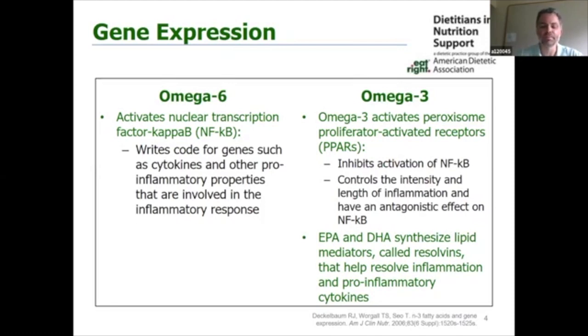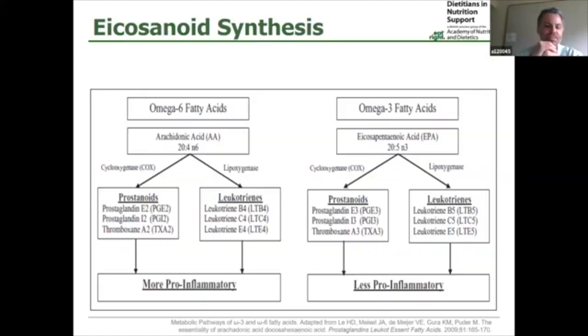It also makes lipid mediators, and there are 3 main types: resolvin, maresin, and protectin. And so those just help get to, I guess, more of a neutral state of inflammation, or just a neutral state. So now we need to discuss what is an eicosanoid.